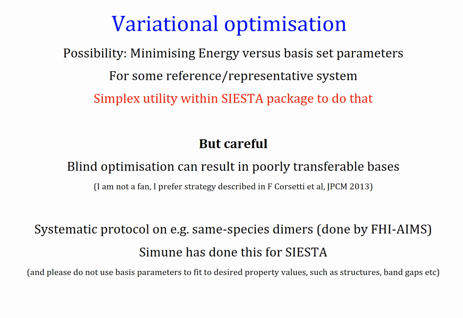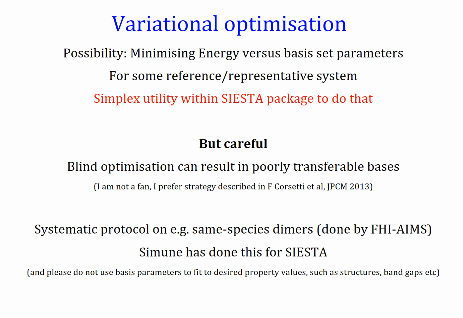And the fact that when improving the basis, the energy goes down allows us to think about the possibility of optimizing the basis set parameters by minimizing the energy of some reference system close to the ones we might be interested in. There is a simplex utility in the Siesta package that allows you to do that in an easy way. But I would be careful with that.